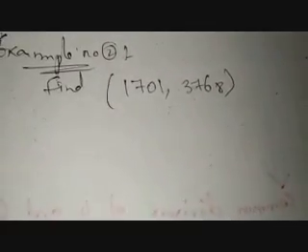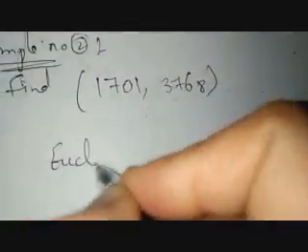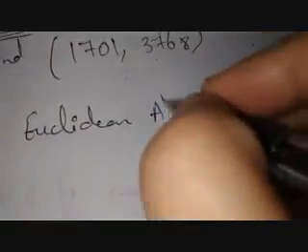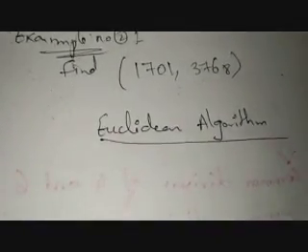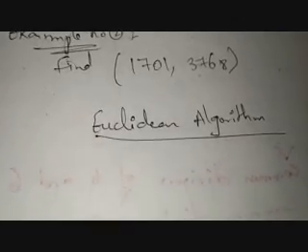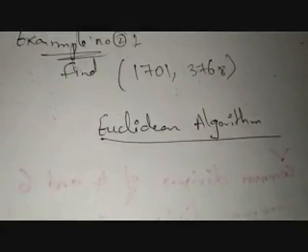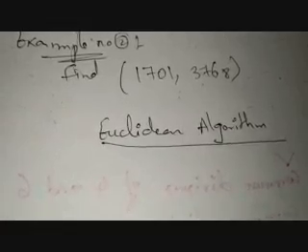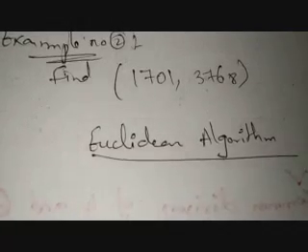We use this algorithm to find the GCD of bigger numbers. In the exam they can ask you to find the GCD of A and B, these bigger numbers, by using the Euclidean algorithm.